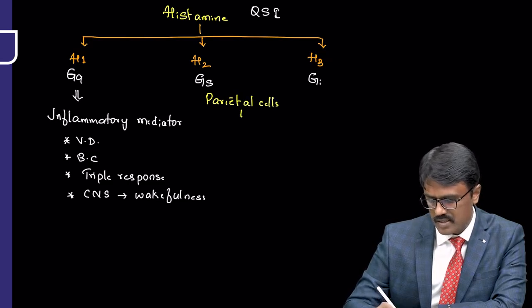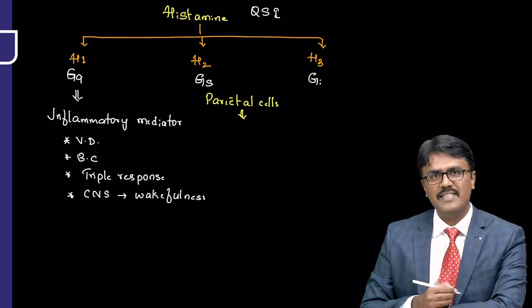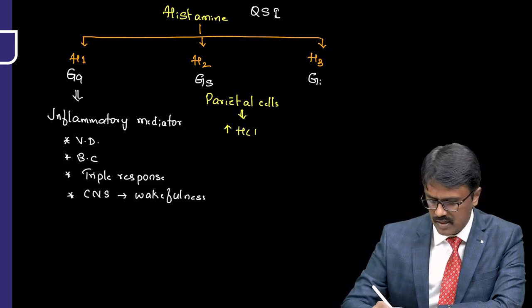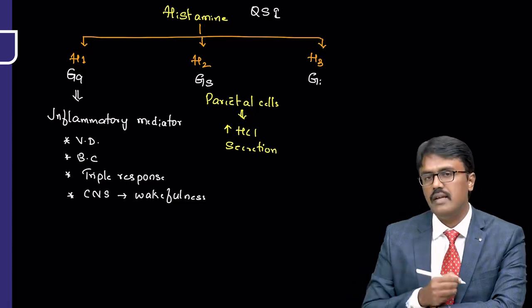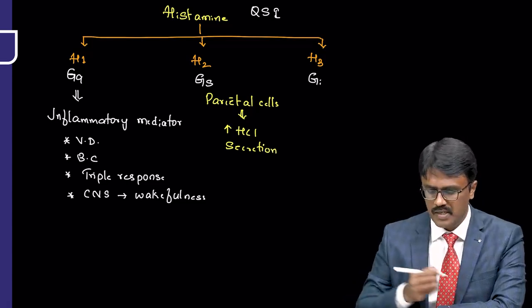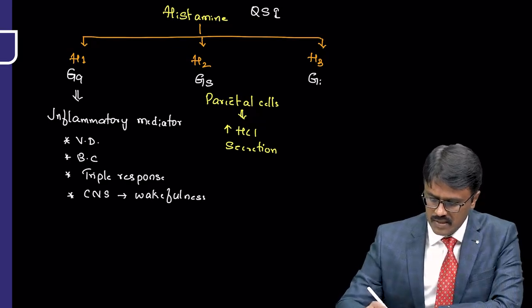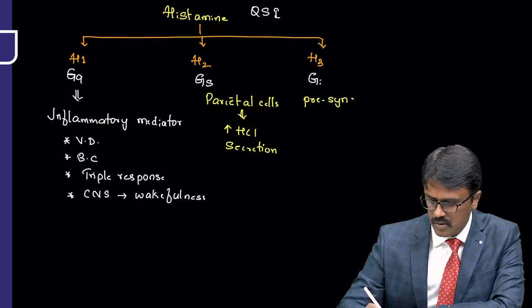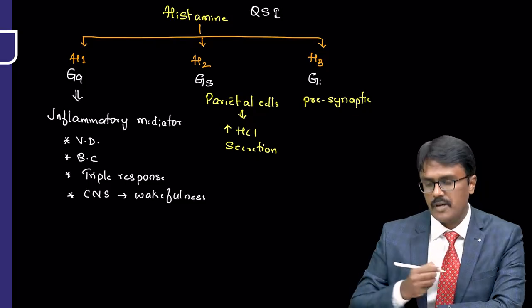Can you take a guess? Obviously to increase HCl secretion. So it will increase the HCl secretion in the stomach, that is H2. Now the Gi coupled receptor, that is H3, is a presynaptic receptor.